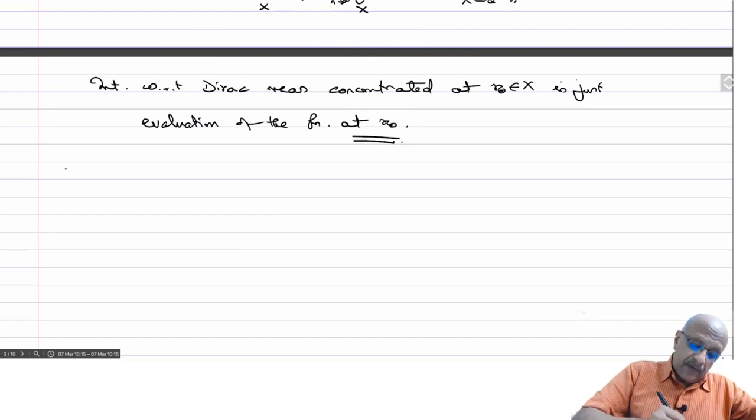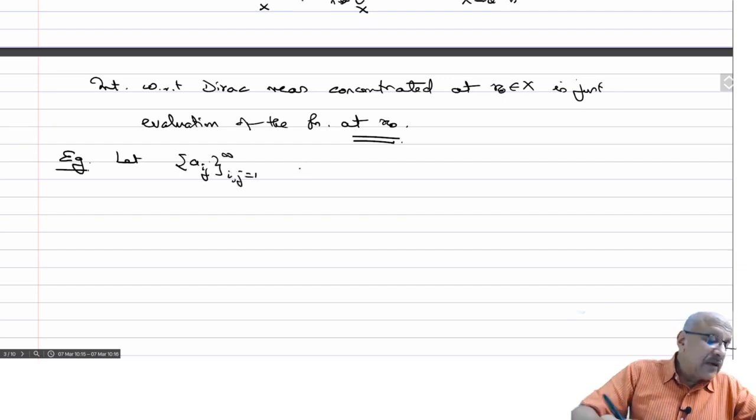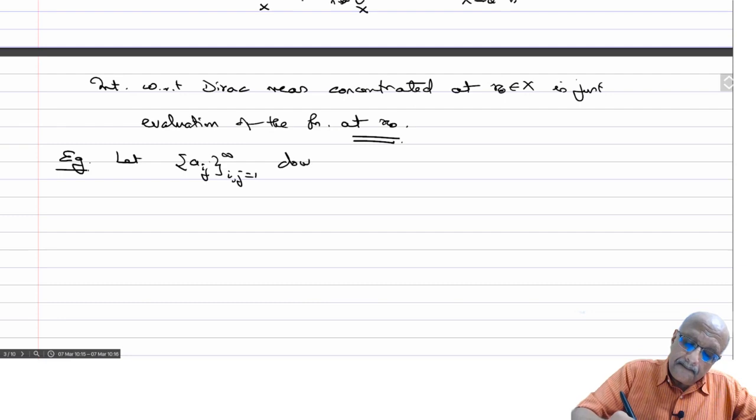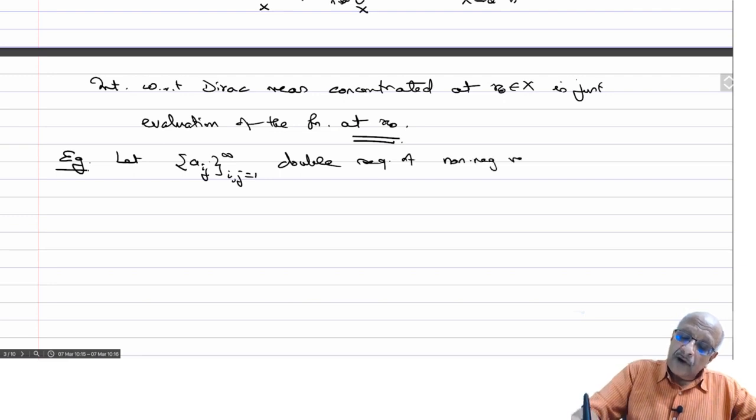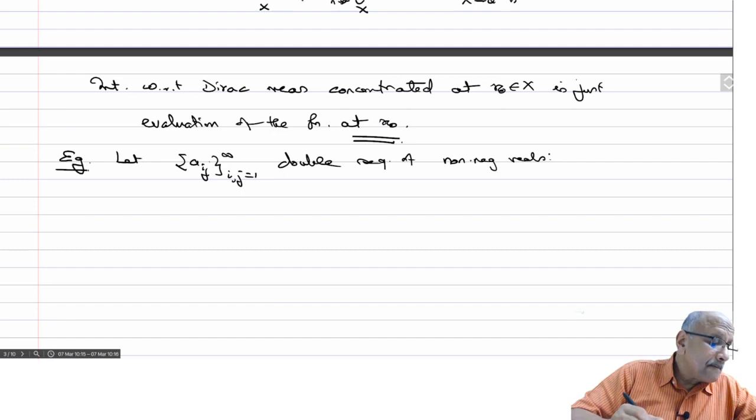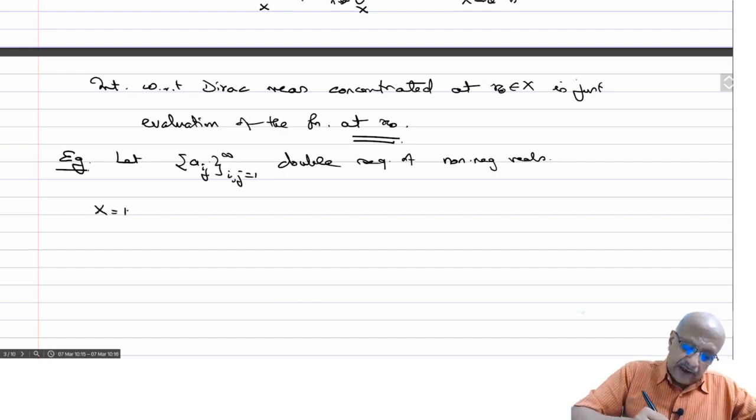Now let us give another example here. So let a_{ij}, i, j equals 1 to infinity, be a double sequence of non-negative reals. So X you take as capital N, S equals the power set of N, mu equals counting measure.